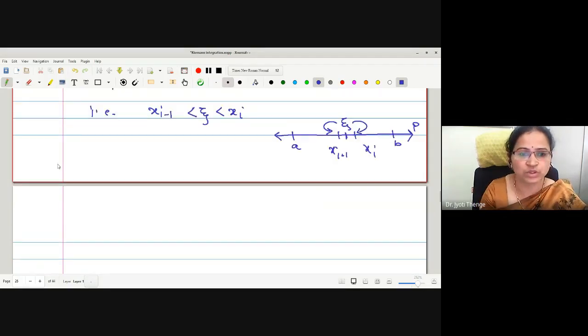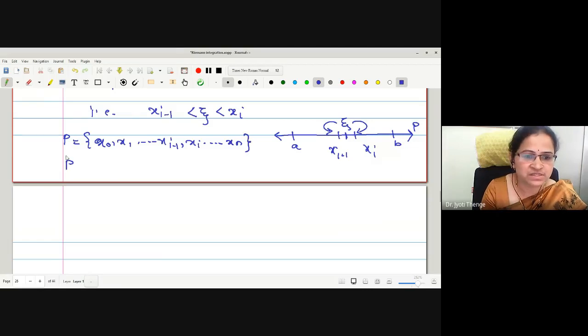Therefore, let me write both the partitions. What is the partition P? Partition P is x_0, x_1, up to x_{i-1}, x_i, to x_n. Right? Then what is P star?